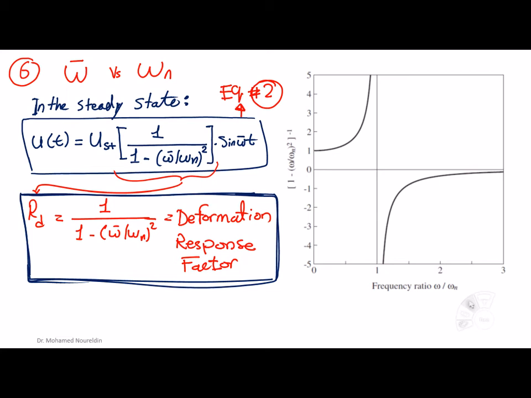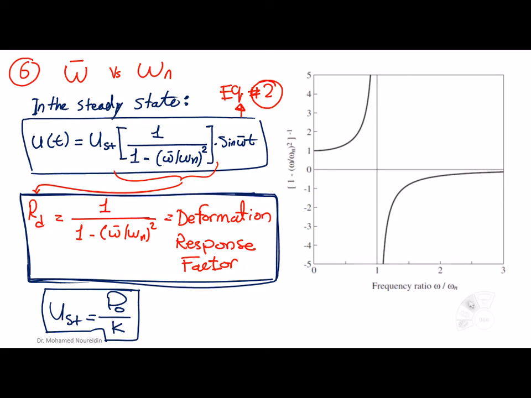So this is only a definition for us. In the steady state, we found that this U static, as I said, I'm going to put here so that you do not forget, is P node over K. Remember, it is the maximum static deformation.